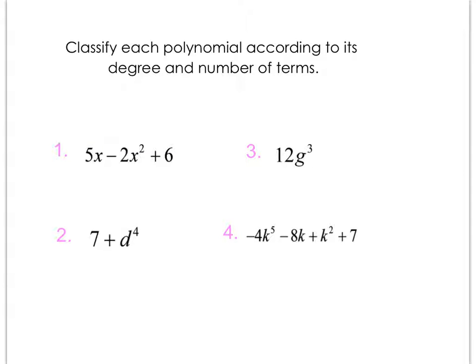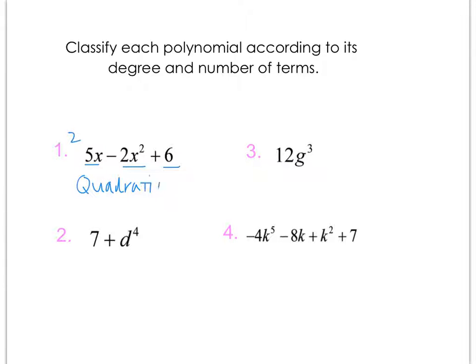So number 1, 5x minus 2x squared plus 6. So this here, we see the largest degree. This would be 1, this would be 2, and this would be a degree of 0. So the largest degree here of this polynomial would be 2. So the degree is 2. So if we go back to that table, that was quadratic.